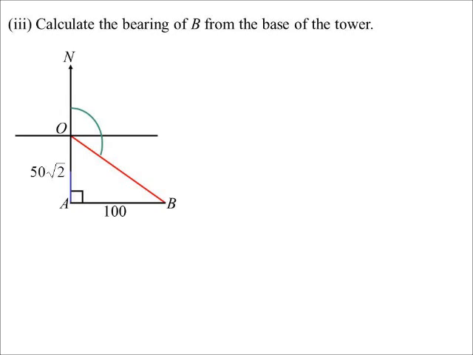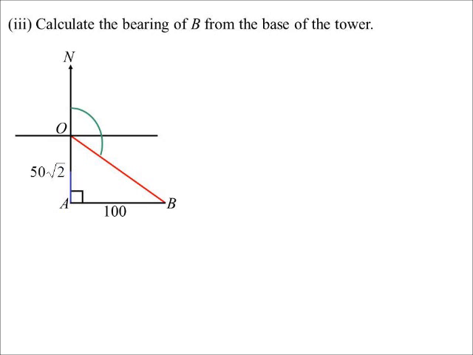Calculate the bearing of B from the base of the tower. Okay, let's have a look at our compass. O is the base of the tower. No, B is the base of the tower. And we got that triangle, 50 root 2 we worked out. We know that one's 100. Whoop, there we go. That's the angle I'm trying to find.